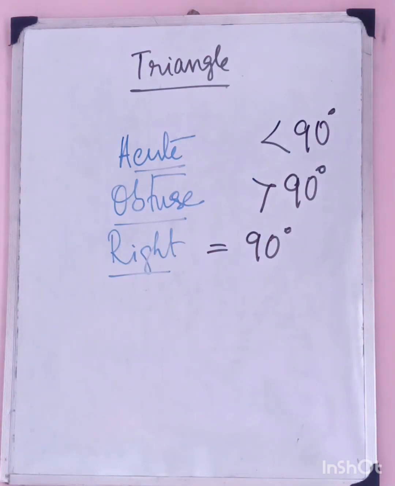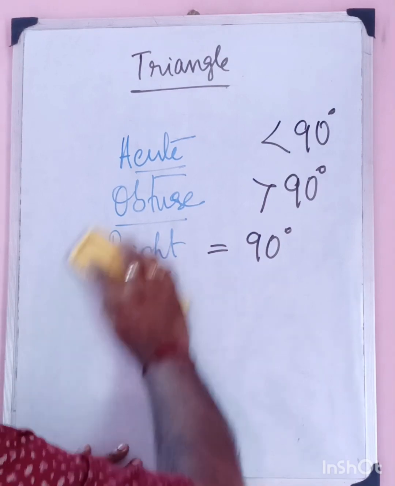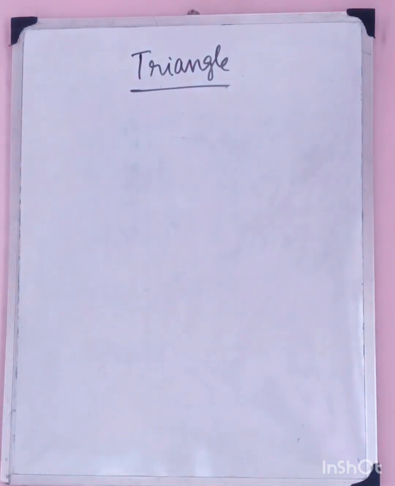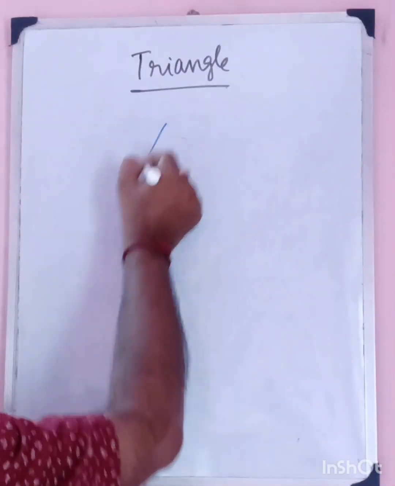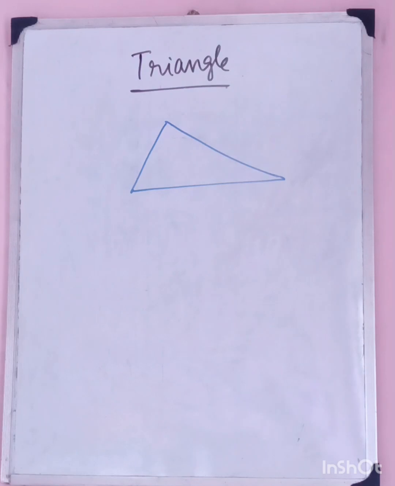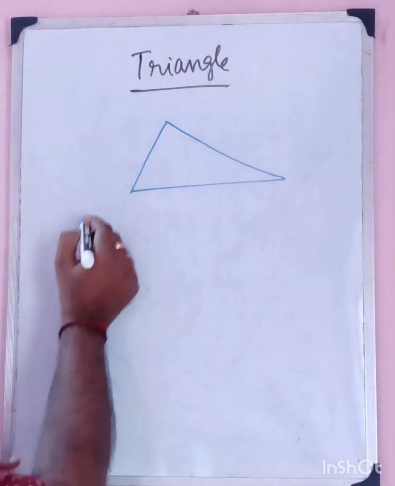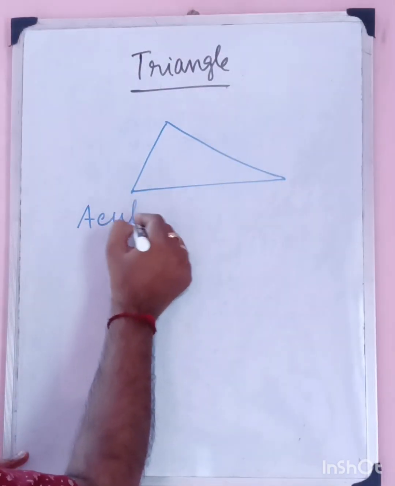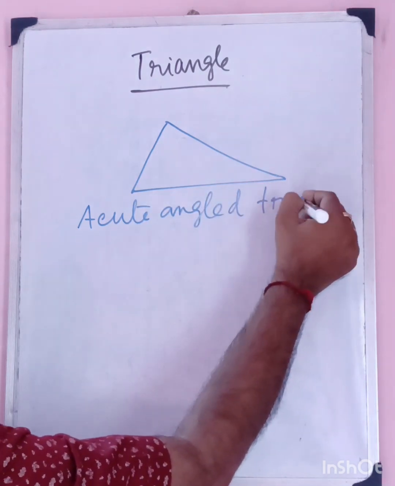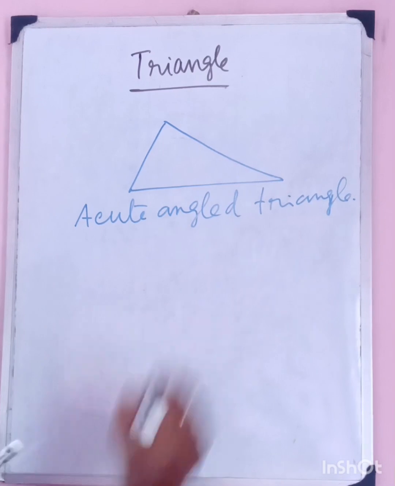So, if in a triangle all the angles are acute angles, like this, this is called acute angled triangle. Okay?